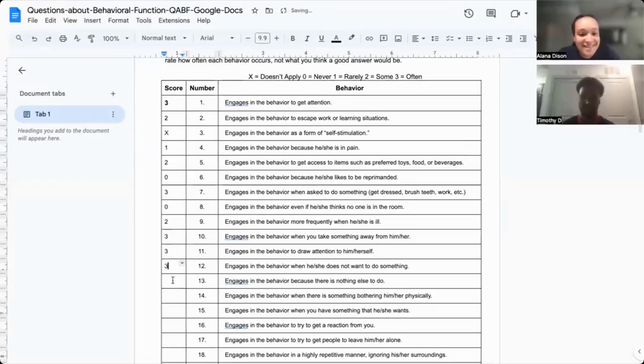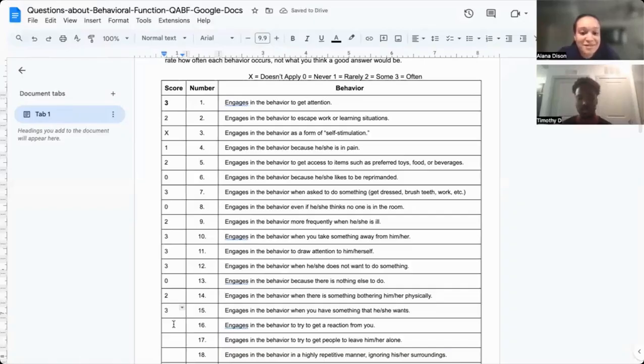Engages in the behavior because there is nothing else to do. 0. Engages in the behavior when there is something bothering him or her physically. 2. Engages in the behavior when you have something that he or she wants. 3.